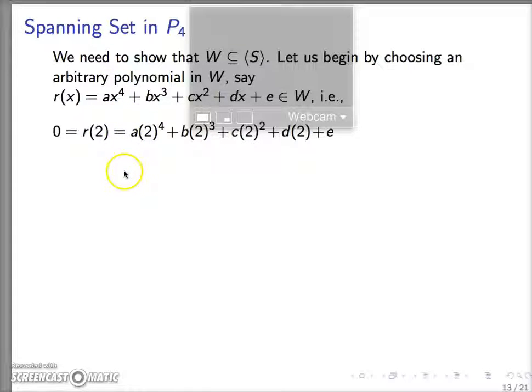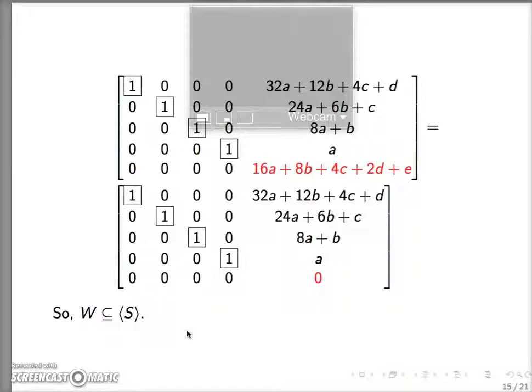So the argument at the end was that we were in the process of showing that any arbitrary element of W, which has this form, a polynomial of degree 4, can also be expressed as a linear combination of those members of S. In this part of the proof, we were able to find values for alpha.